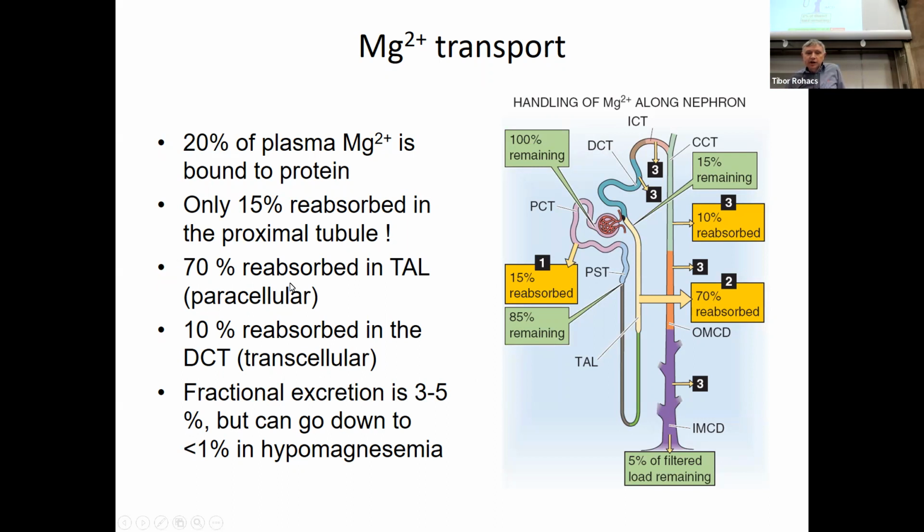So magnesium reabsorption is strange because only 15% is reabsorbed in the proximal tubule. The vast majority, 70%, is reabsorbed in the thick ascending limb with the same paracellular mechanism as calcium, and 10% is reabsorbed in the distal convoluted tubule.